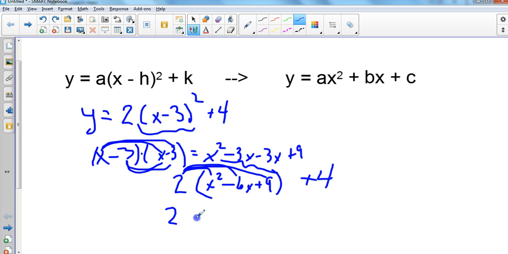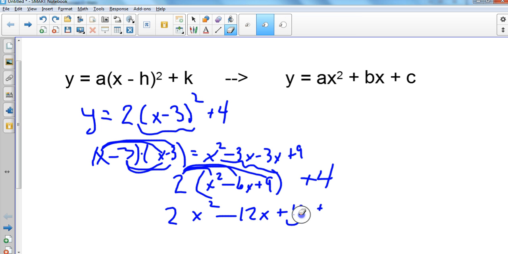So we get 2x squared minus 12x, right, just doubling these, plus 18, and then we still have this plus 4. So then, at the end, we'll combine our constant terms, so that just becomes plus 22, and we have converted our vertex form to standard form.